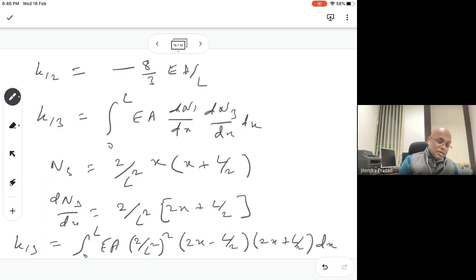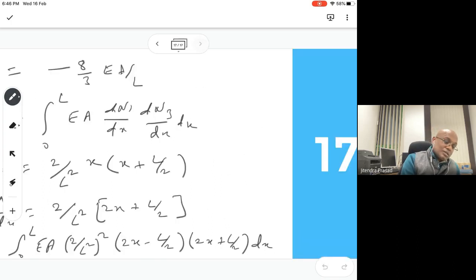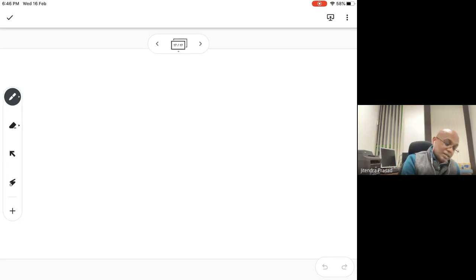If you work it out, K13 is equal to 1 over 3 EA over L.